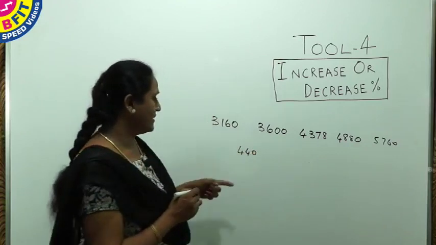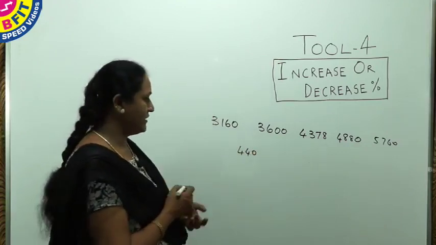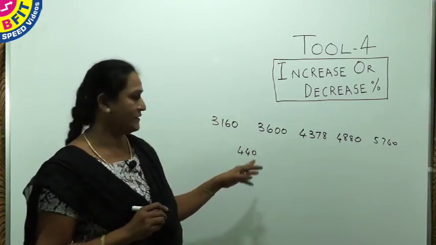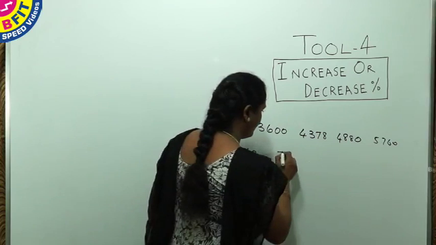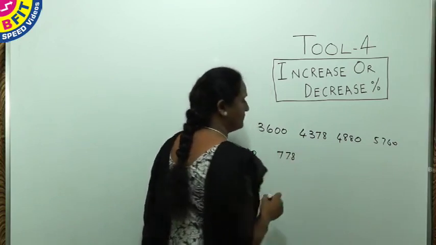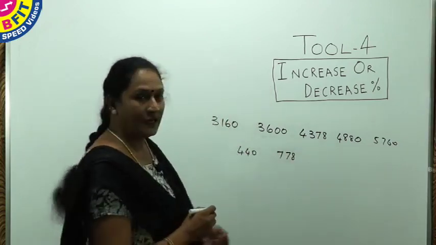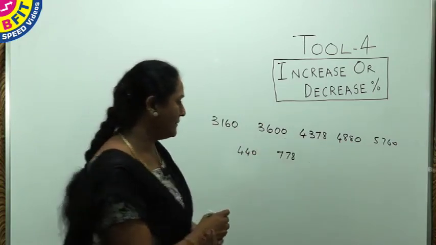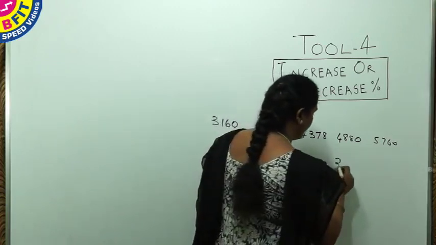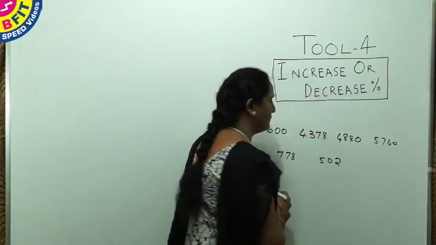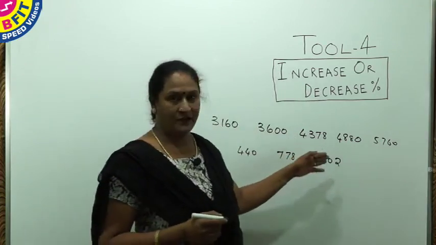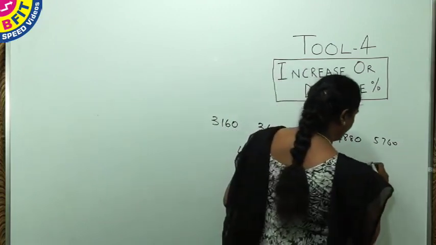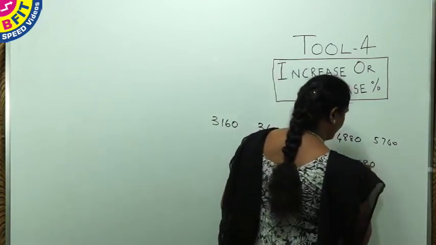3600 minus 3160 is 440, and for the next, 4378 minus 3600 is 778. Then the difference for 4880 and 4378 is 502, and the difference between 2012 and 13 is 880.